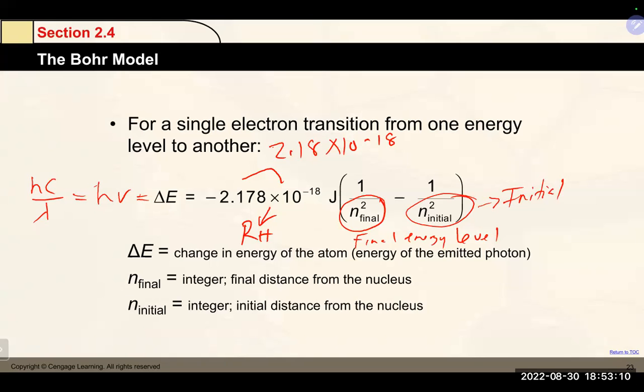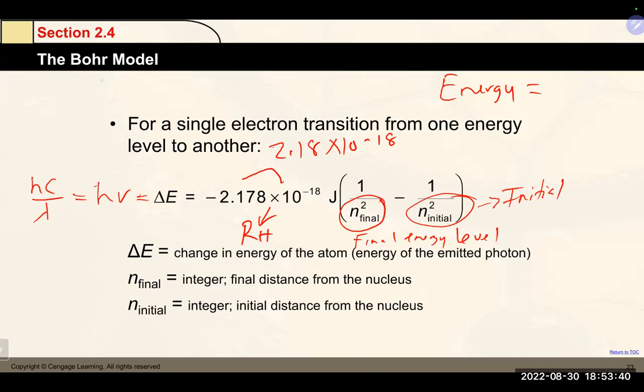So if you know the transition of an electron, for example in a hydrogen atom, and what energy levels they're going to, you can figure out the energy associated with that transition. You could also figure out the frequency and the wavelength associated with the wave that's going to come off in that transition. When we talked about energy, I think earlier, but in case we didn't, energy can either be exothermic or endothermic, right?